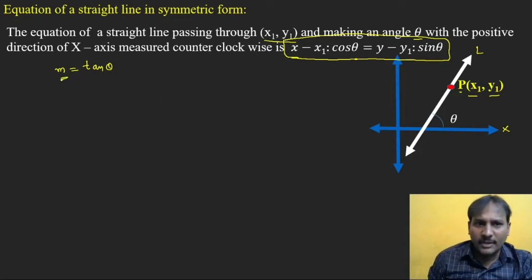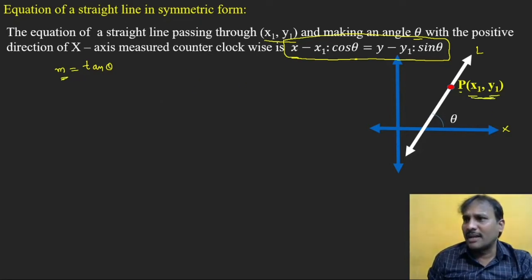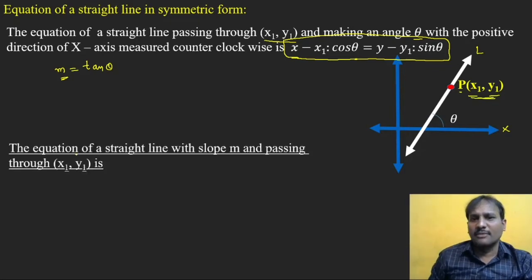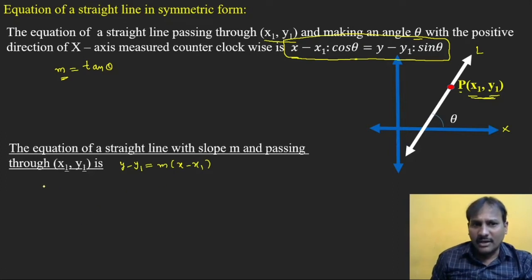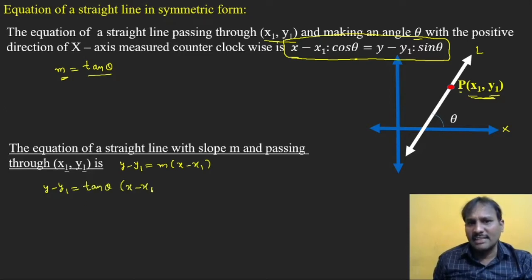We know the slope here, and we know that it is passing through a point P(x1, y1). So what is the slope-point form of the line? That is y minus y1 is equal to m into (x minus x1). But what is the slope here? m is equal to tan theta. So y minus y1 is equal to tan theta into (x minus x1).